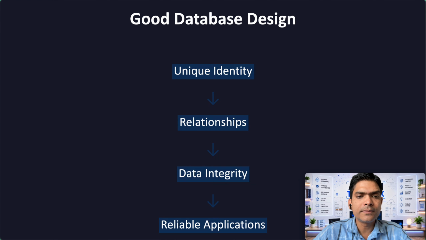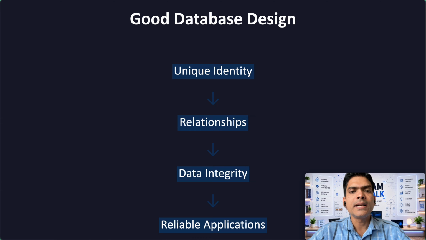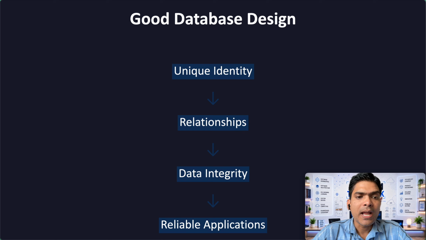And this brings us to a broader engineering lesson. Database design is not just about storing data, it's about defining how that data should behave. A primary key gives a record a reliable identity.